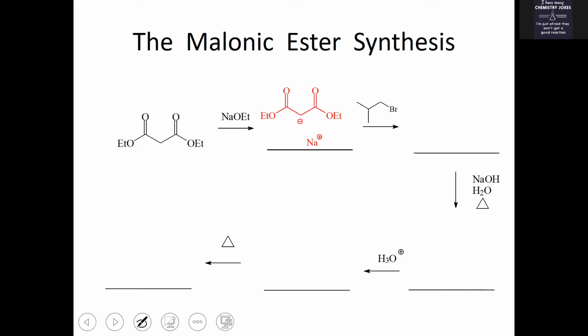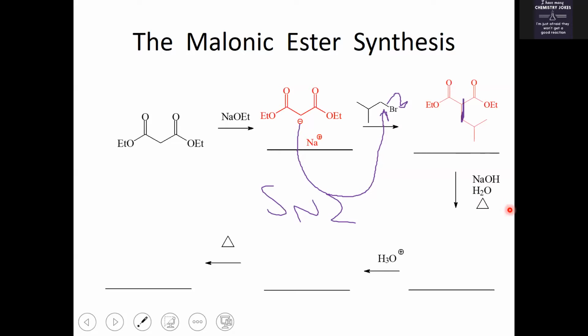This enolate attacks your carbon and pops off your Br, SN2, to give you this product. This bond right here is the new bond that was made by the enolate attacking SN2. Then what the heck is the next step?